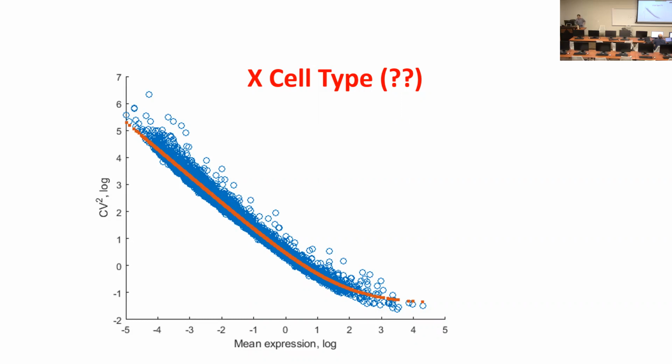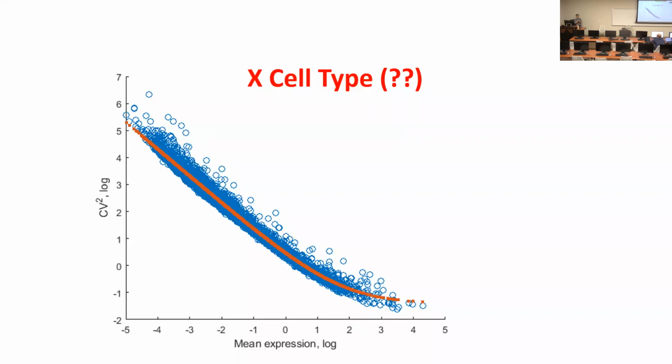Visually it tells you there are no genes way above this curve. This is an almost perfect fit by this regression line. Every gene follows its expectation, so there's no extra level of variability in there at all.